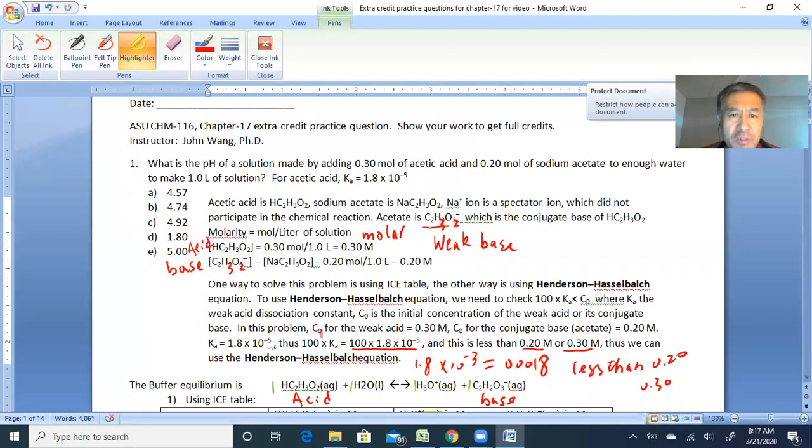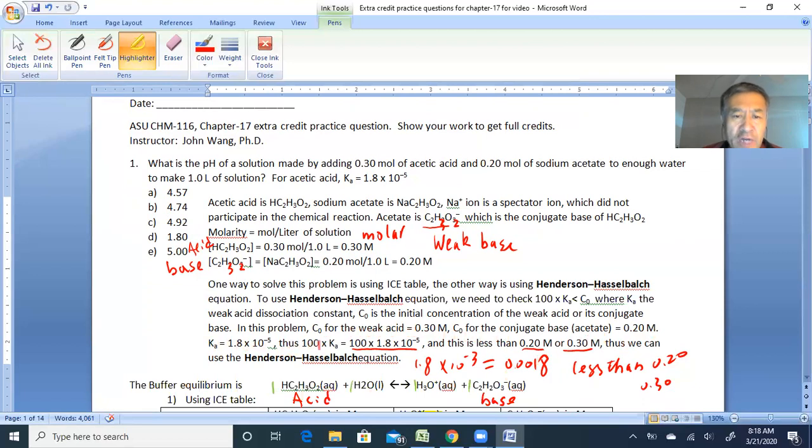In this problem, C0 for the weak acid equals 0.30 molar. C0 for the conjugate base acetate equals 0.20 molar. Ka equals 1.8 times 10 to the negative 5.